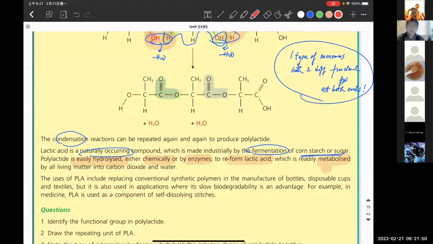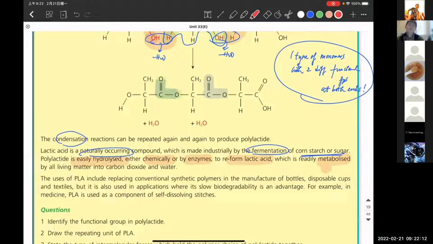Which means that if you use this temporarily, in the short term, it still serves the purpose of a polymer. But if you bury it underground, or even leave it in air for quite a long time, this PLA polymer will decompose.